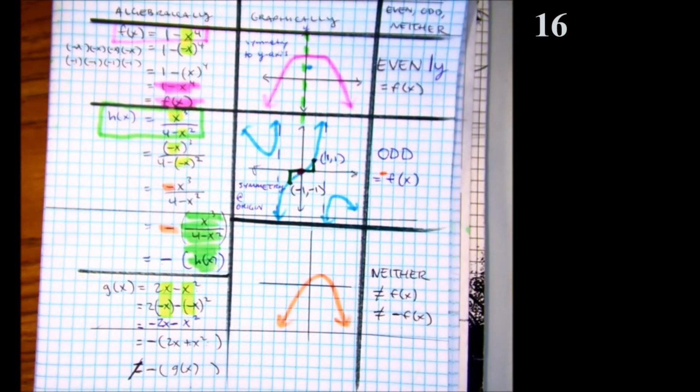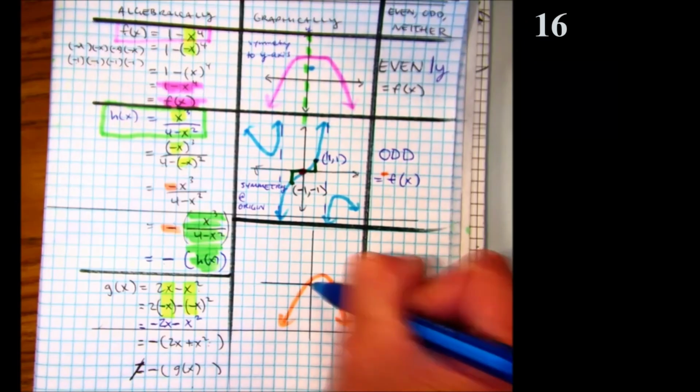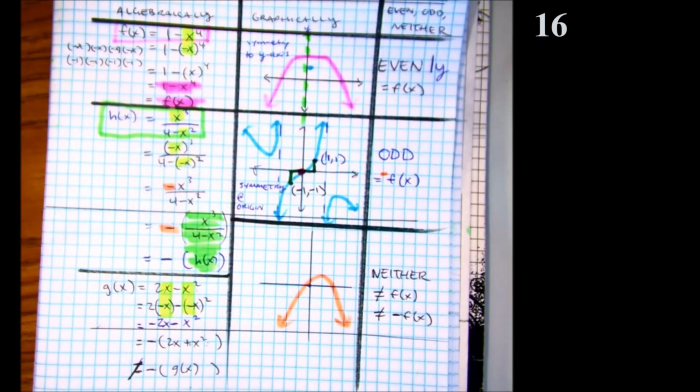Class, is that symmetrical to the y-axis? Does it fold exactly on the y-axis? No, it does not. At the origin, is it symmetrical there? No, it's not. So it's not symmetrical in either of those. So this is not an odd, not an even, it is neither.